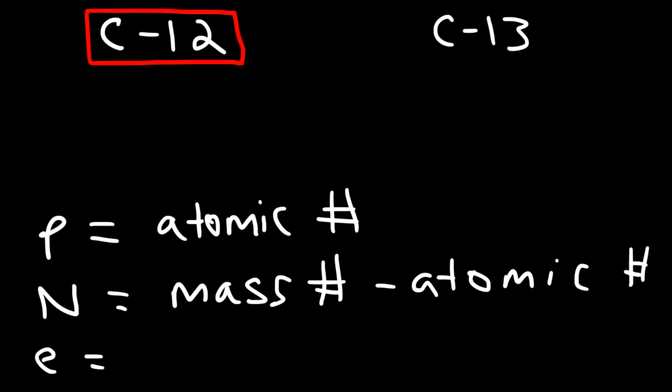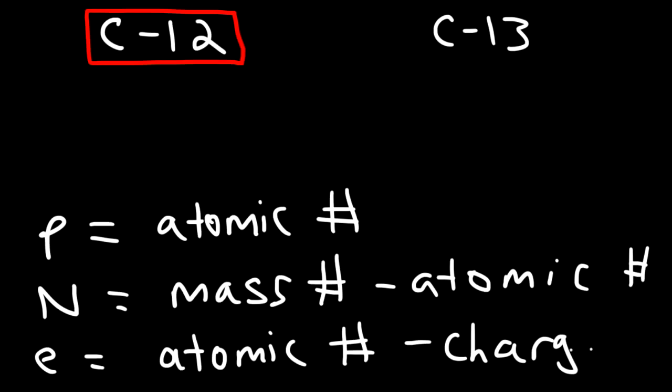Now, the number of electrons is equal to the atomic number, which is basically the number of protons, minus the charge. So atoms are electrically neutral. They have no charge. So for atoms, the number of electrons and protons are the same.